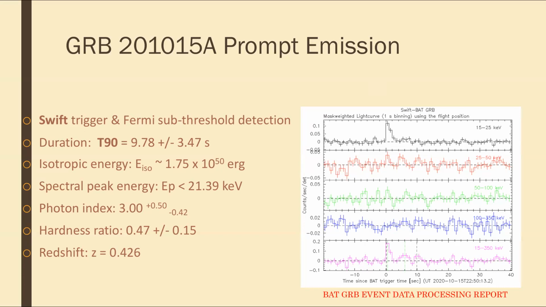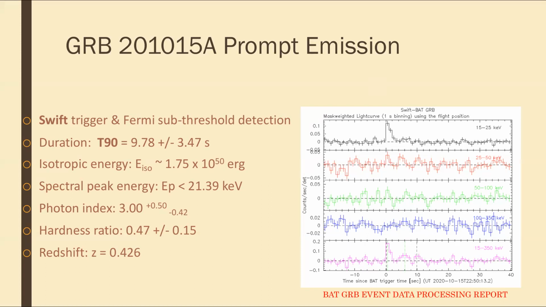This indicates the T90, these dashed black lines, which is 9.78 seconds from the Swift BAT detection. In Fermi, there was a sub-threshold detection, which lasted about 1 second. So it shows you that the detectors can have varying results based on which energy range they're looking at.